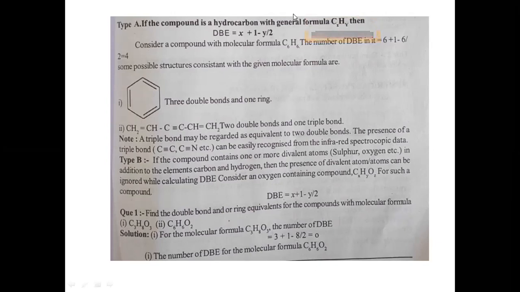Okay, you calculate. Anybody calculate? Formula is before you, x plus 1 minus y upon 2.